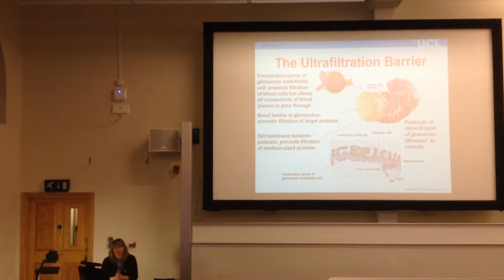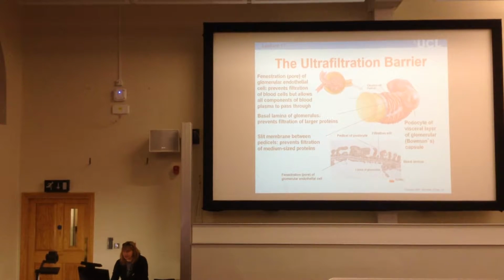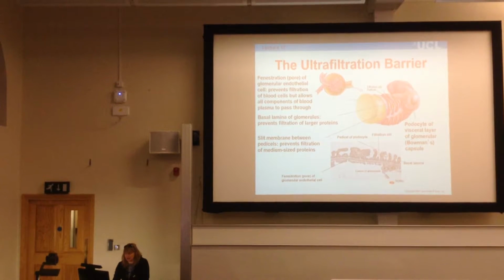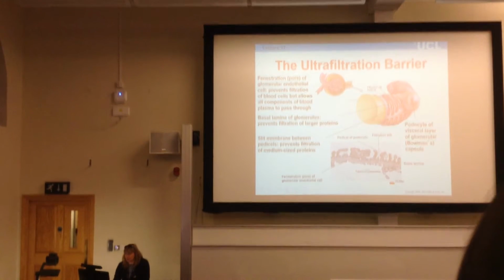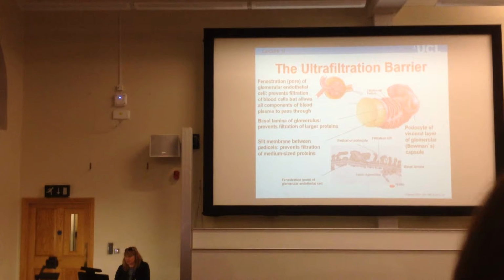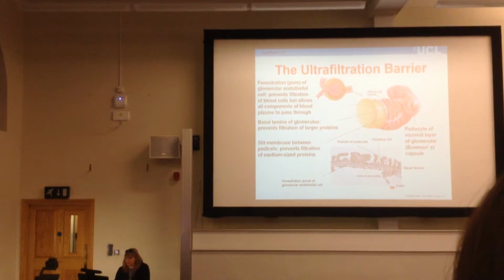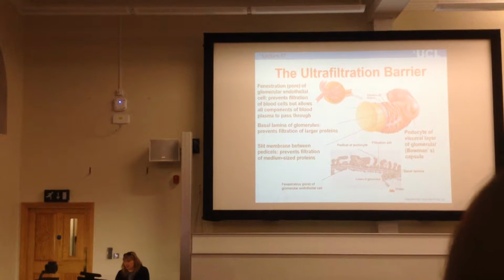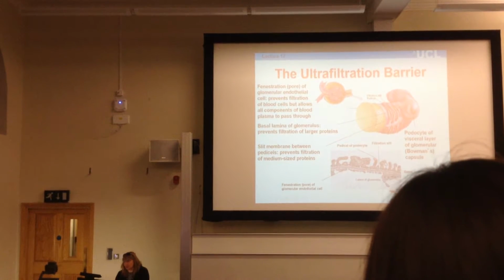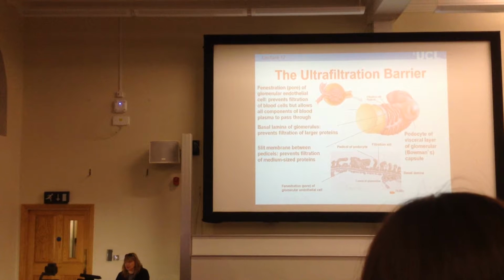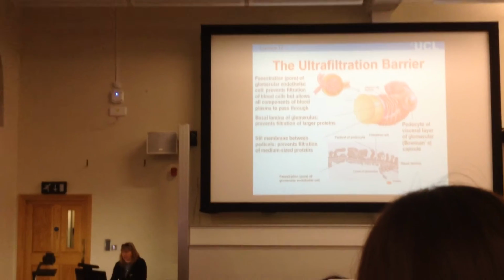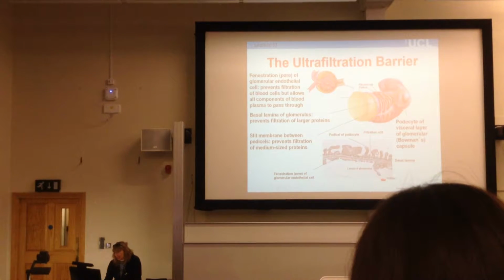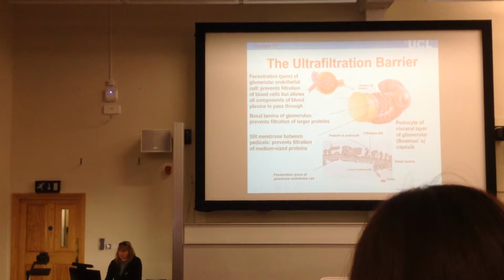So in terms of the barrier, again, this is a nice detailed picture. The blood will be coming in this direction. It will go through the individual pores that exist in the endothelium, go through the basement membrane, and then through the slits between the pedicels and the filtration slits in the podocytes, and then end up in the Bowman's capsule space.